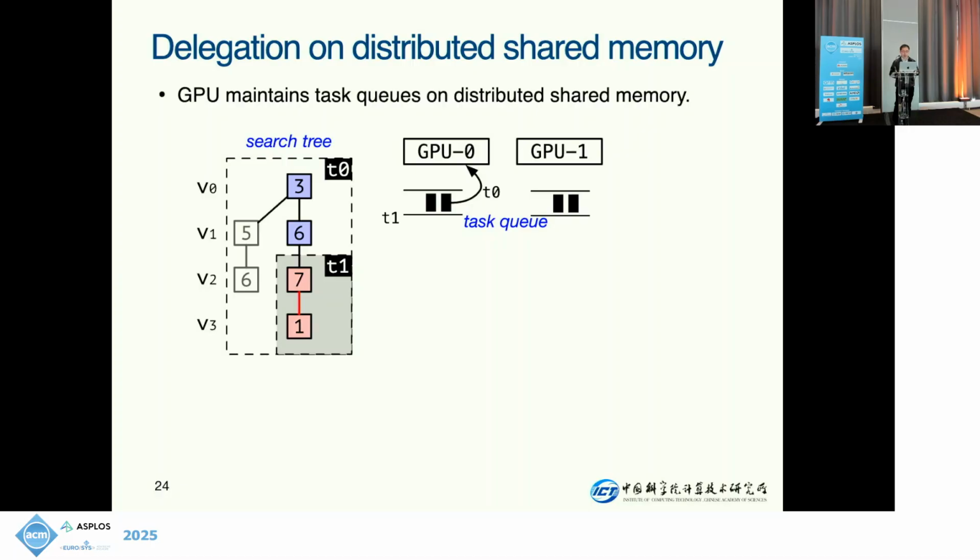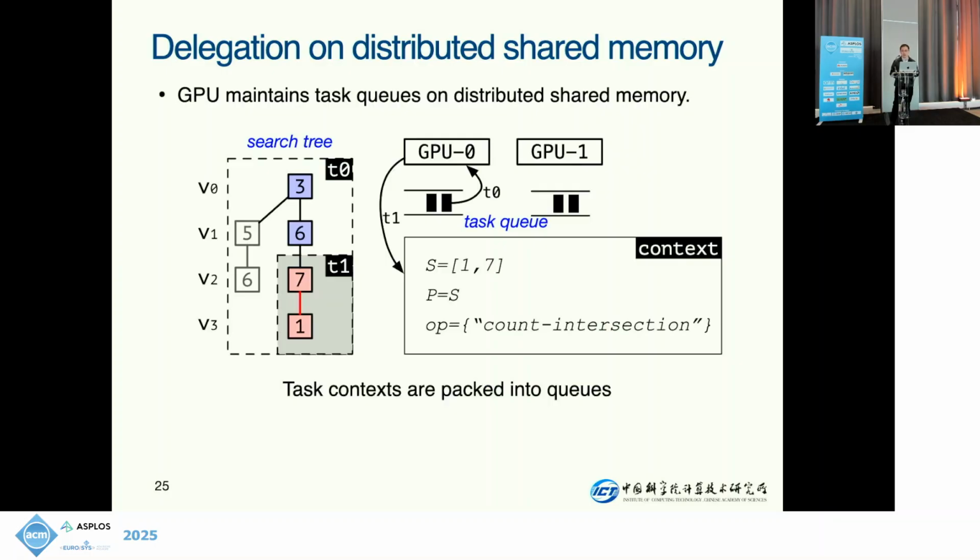Now, GPU 0 is processing task 0 in the local queue and has matched vertex 3 and vertex 6. But GPU 0 cannot continue matching the subgraph because of the missing neighbor list locally. So we materialize the search task into a context, including required vertex information and operation types.